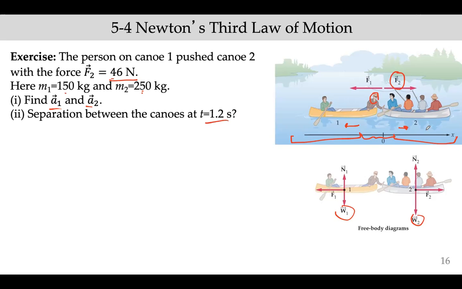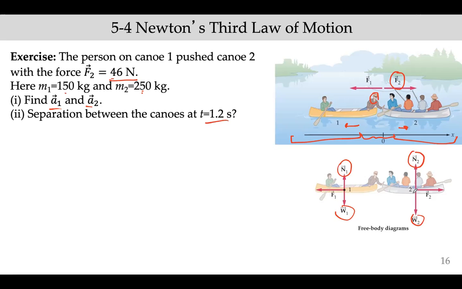It's not necessarily a hard surface, but still it exerts force on the canoes. But in the y direction, they are not really moving. This canoe is not sinking, it's not going up. So I will just ignore the y motion because there's no motion in the y direction. We will only focus on the motion in x.